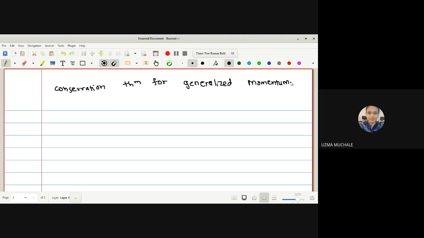Show that the generalized momentum corresponding to a cyclic coordinate is conserved. The statement for this is: show that generalized momentum corresponding to cyclic coordinate is conserved.